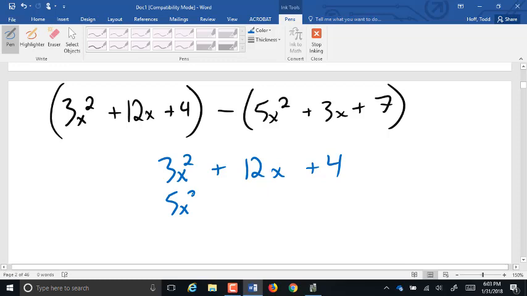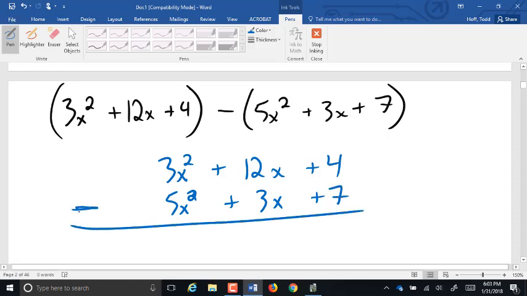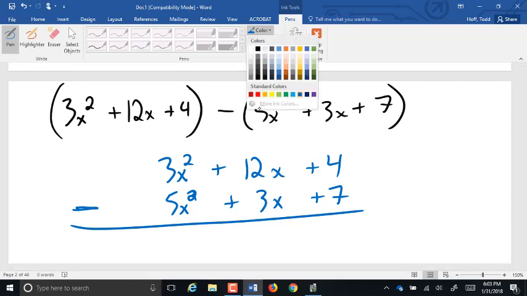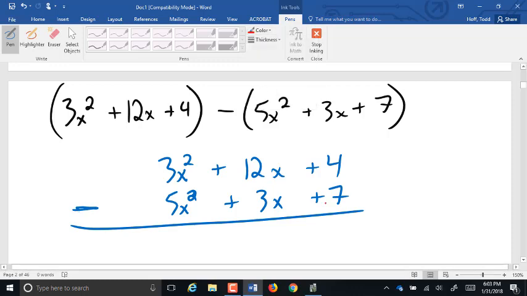Then we're going to line up the place values on the second number. X squareds under the x squareds, x's under the x's, ones under the ones. And we're subtracting now down the columns. What's 4 minus 7? Negative 3. How about 12x minus 3x?